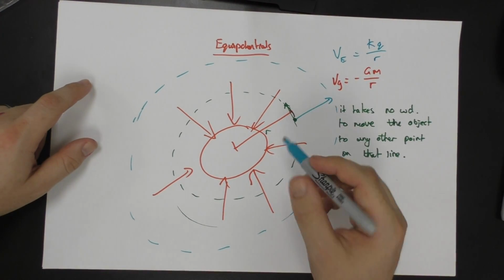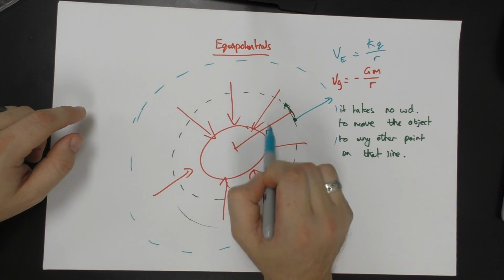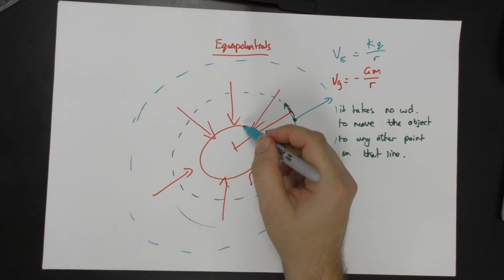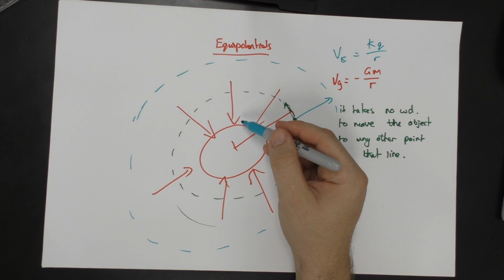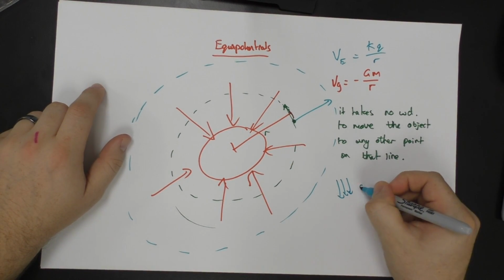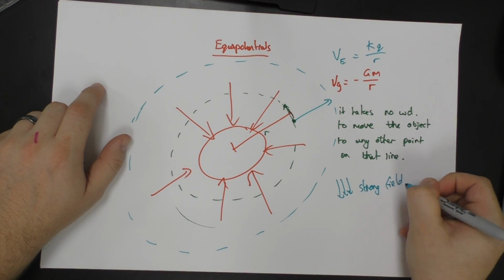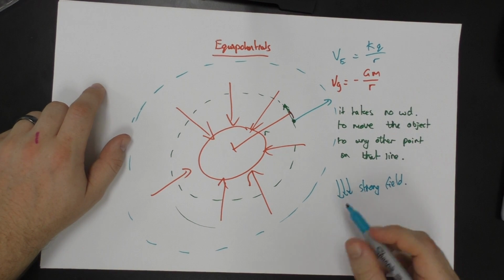And one thing you'll notice about potentials, the same as you'll notice about field lines, is that when field lines are close together, that indicates a strong field. The same thing means for equipotentials.